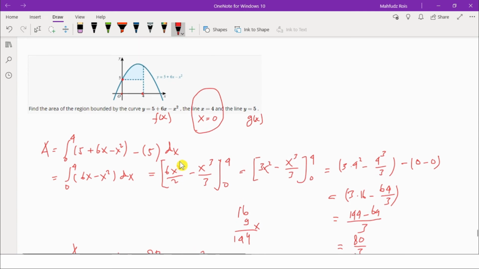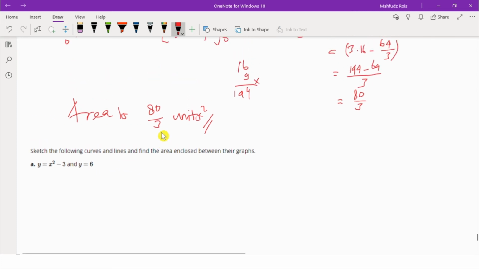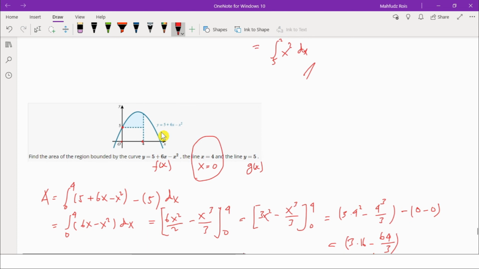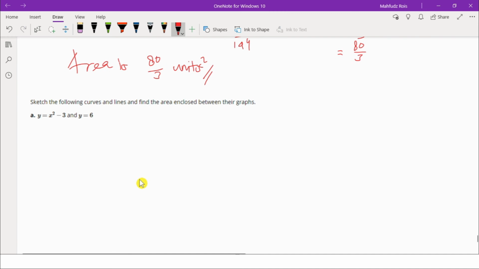Okay, the next example. Now, how about if we don't have the graph or the figure like this? Okay, how to find it? Let's find out. Sketch the following curves and line and find the area enclosed between their graphs.